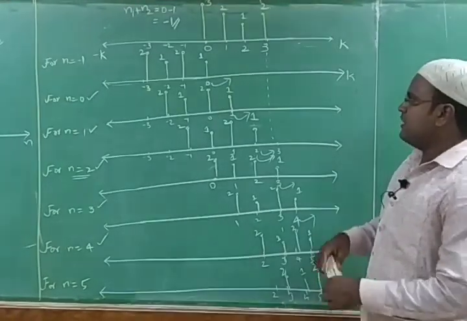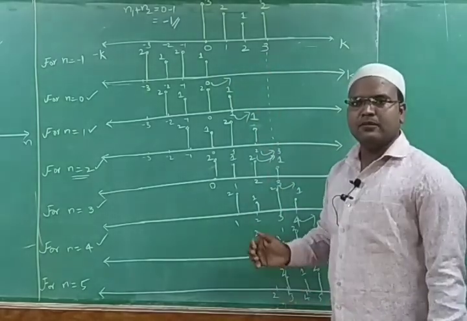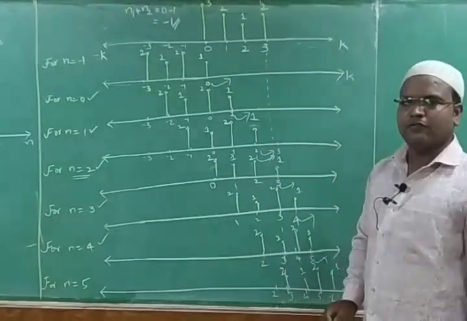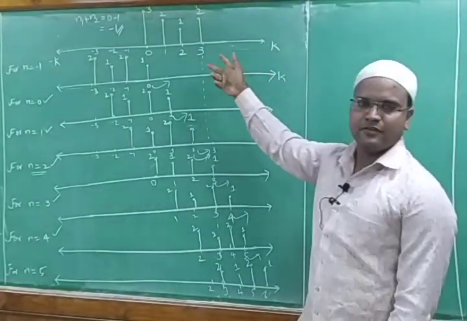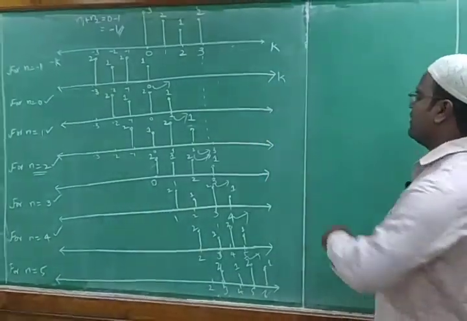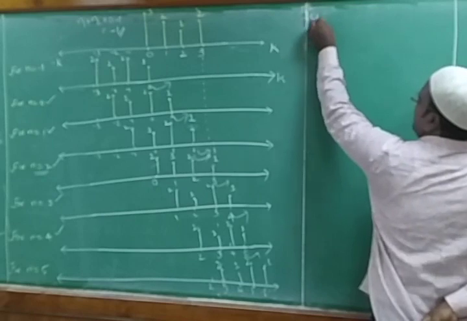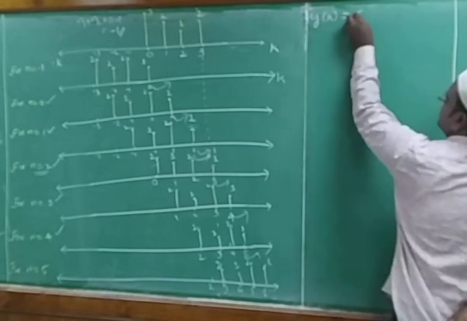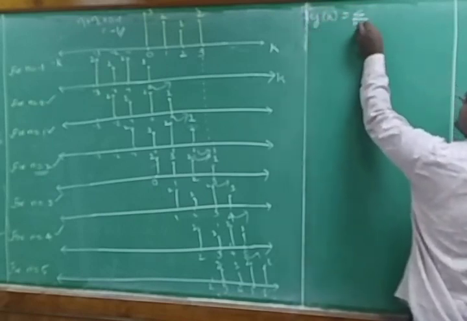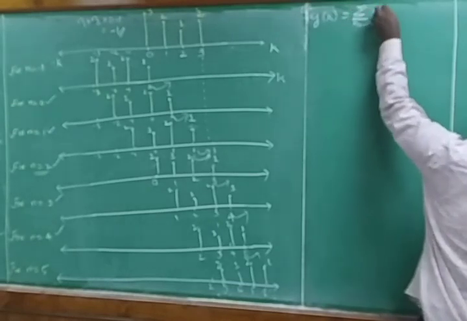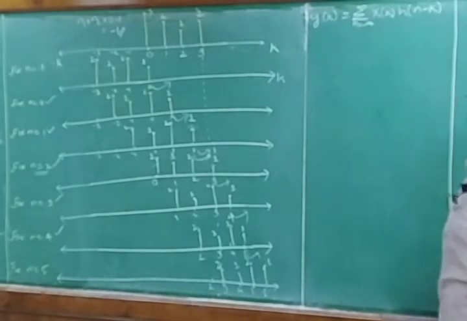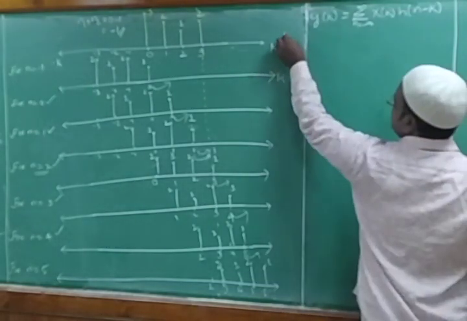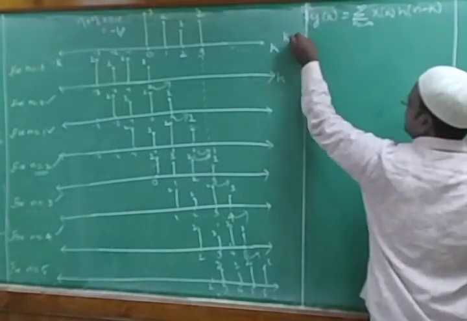Now we'll multiply the respective terms in order to get the summation. So students, now we need to take the respective summation for the value of n. First thing, we know y of k equals the summation from n equals minus infinity to infinity of x of k h of n minus k. So we are taking the first value, k equals, first thing, starting from -1.